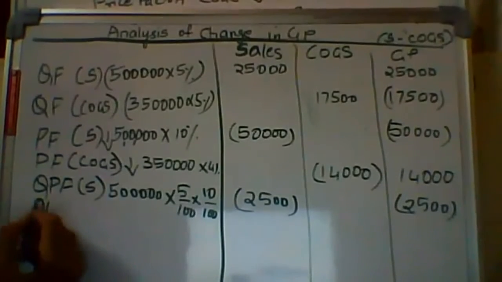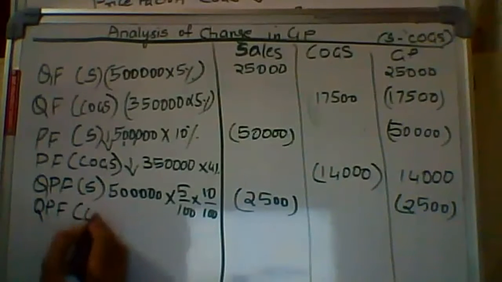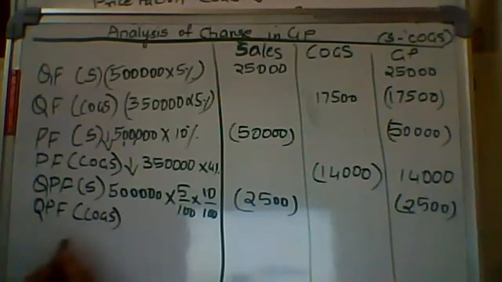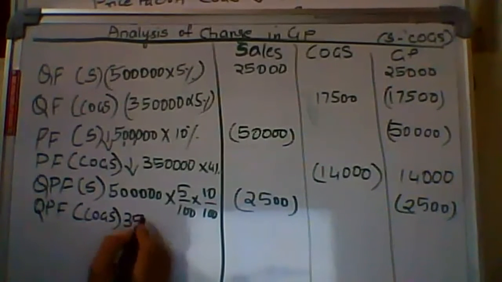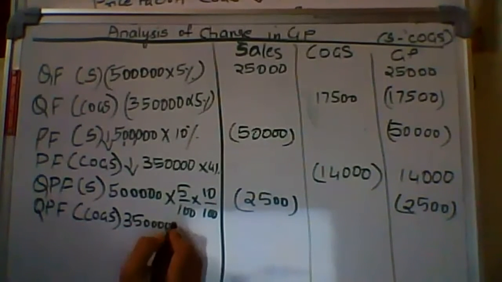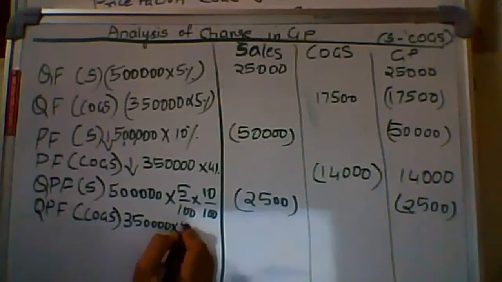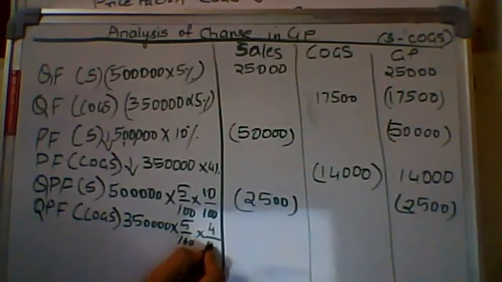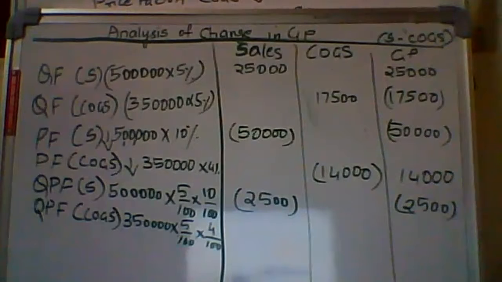Then now you are going to the quantity and price factor in cost of goods sold. How much is that? 3,50,000 into 5% quantity change, 5% price factor change.